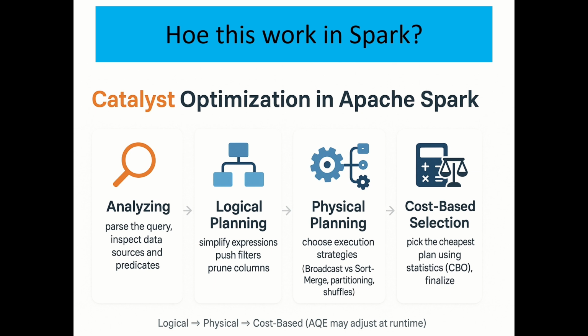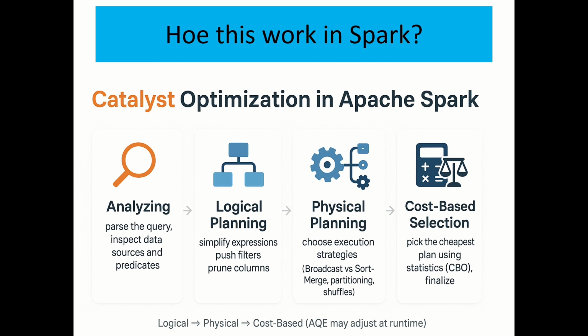Suppose it has prepared three or four physical plans for how to execute the code. Based on the cost and resource utilization, it will pick the cheapest one for you, which uses fewer resources and costs you less. Then it will process that plan accordingly.